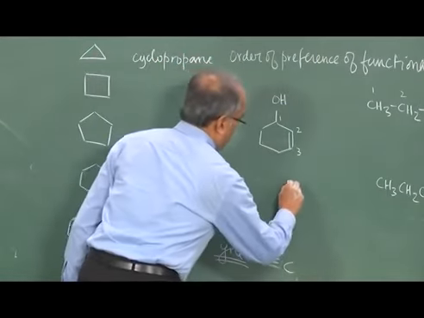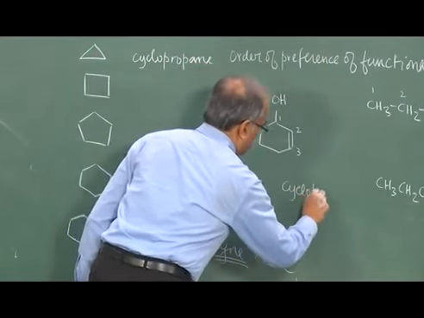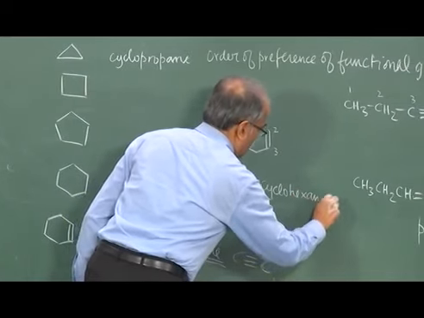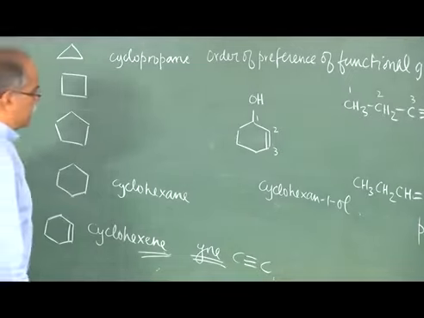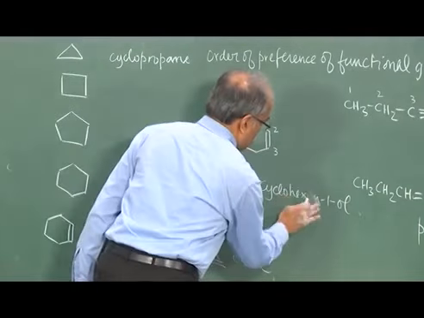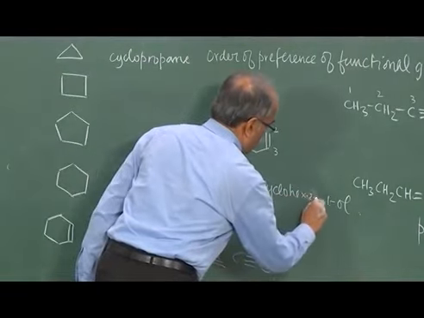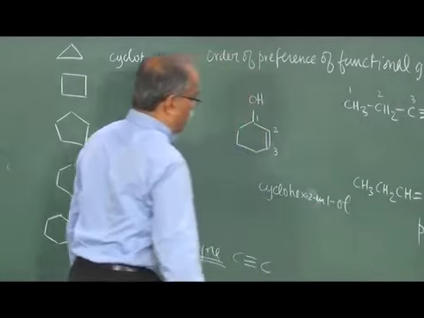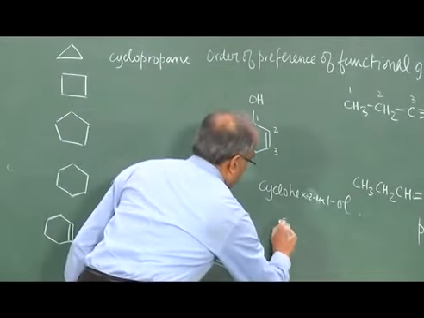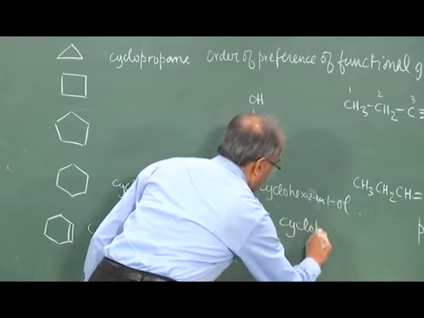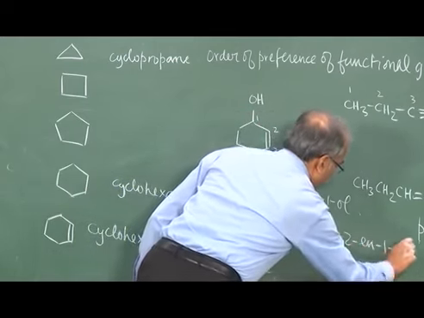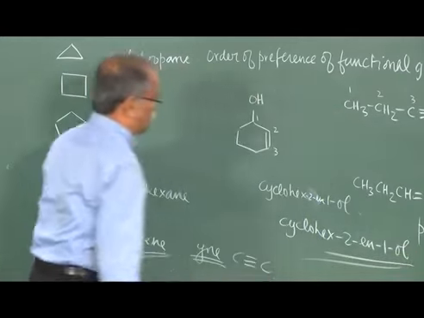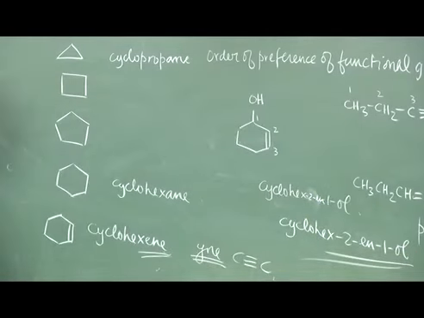This will be cyclohexane-1-ol, but it is not a hexane, it is a hexene. So, it is a cyclohex-2-ene-1-ol. So, the correct nomenclature will be cyclohex-2-ene-1-ol.